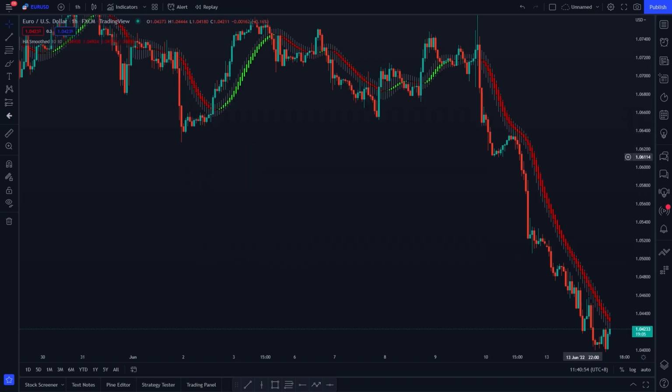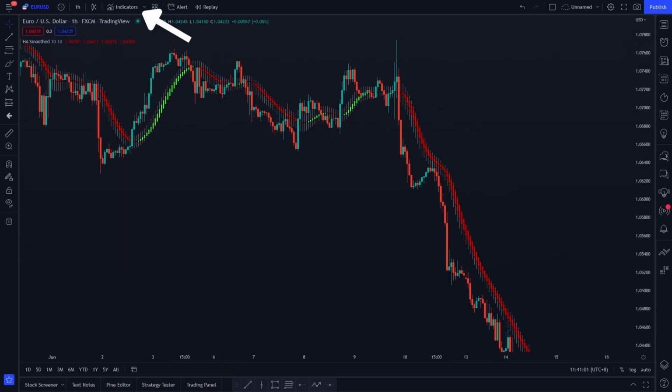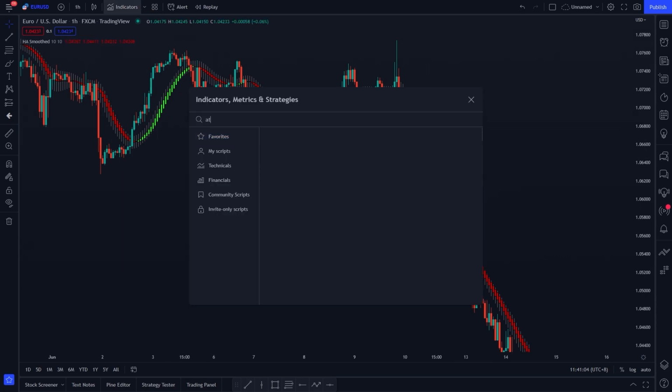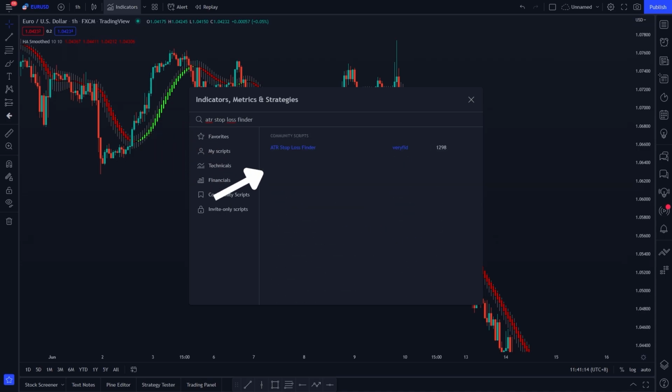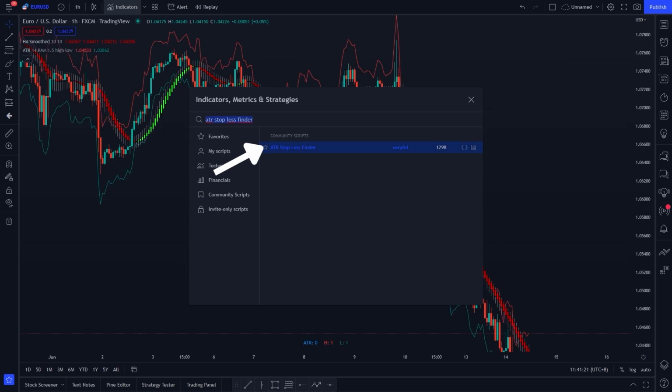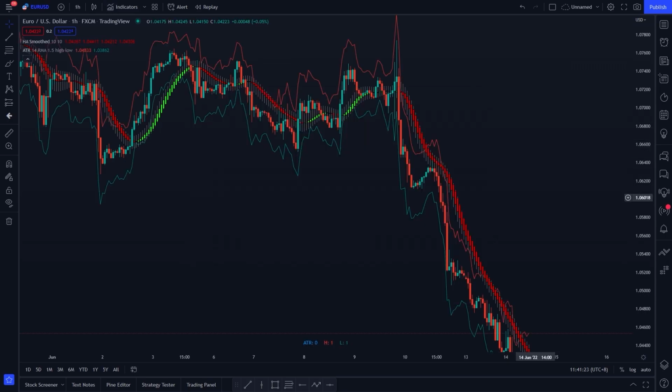Click on Indicator, search for ATR Stop Loss Finder. Click on it. Your chart will look like this.